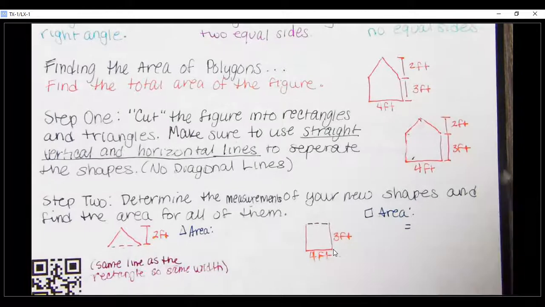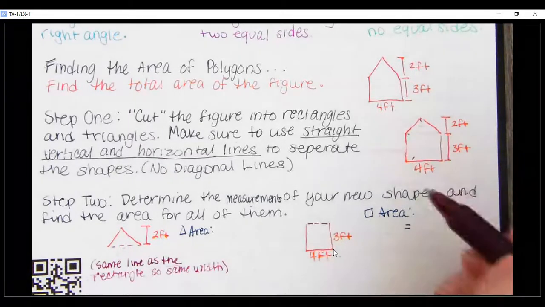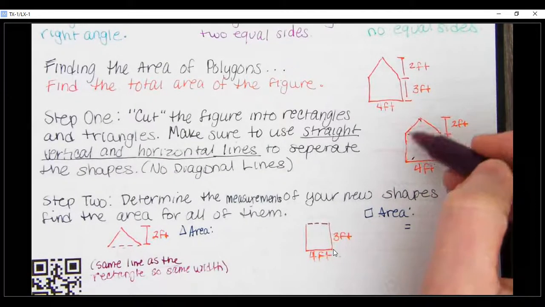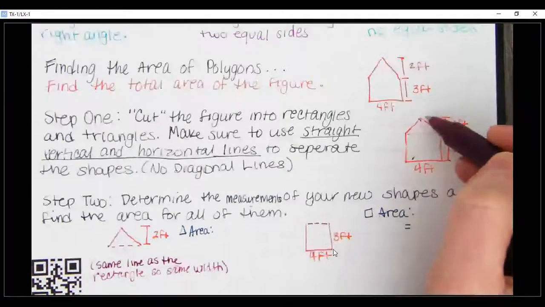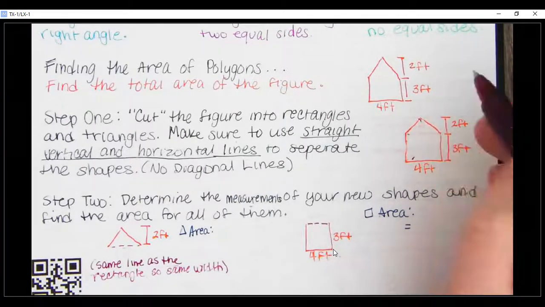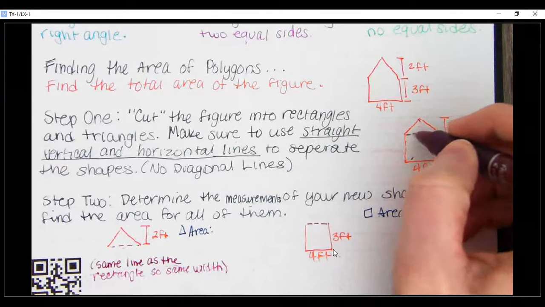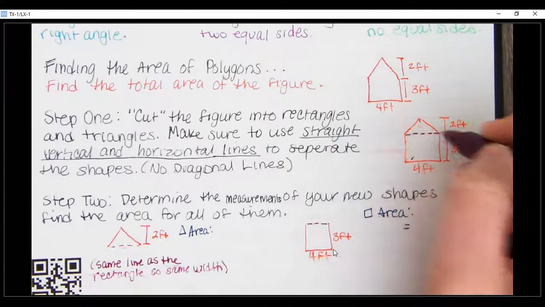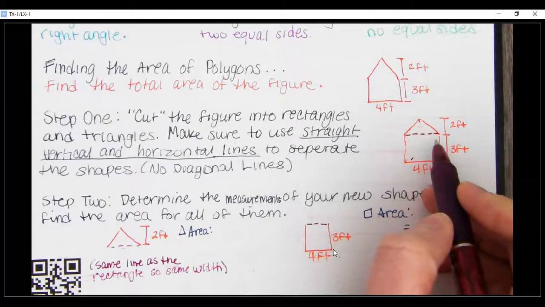So I have my figure right here. Let me get the right color pen here. There we are. I see that it's a house looking thing. I see that at the top is a start of a triangle, and I can finish that triangle by just putting a straight line going right across.